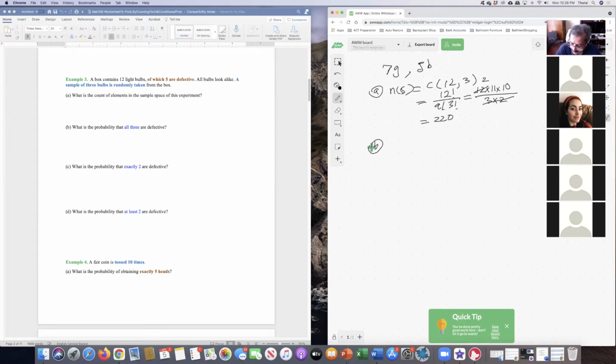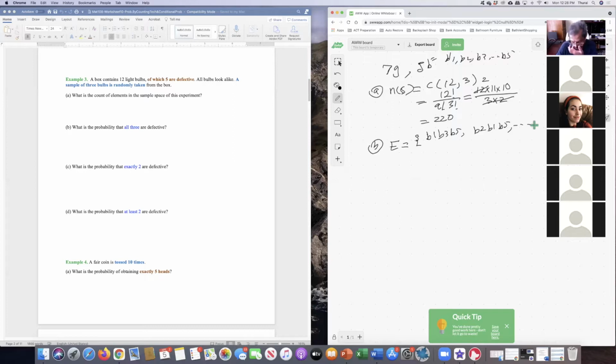So all 3 are defective means this event is going to have, if I call all the bad ones B1, B2, B3, all the way to B5, then all the elements in the sample space that will make this event happen will be the ones like B1, B3, B5, or B2, B1, B5, things like that.